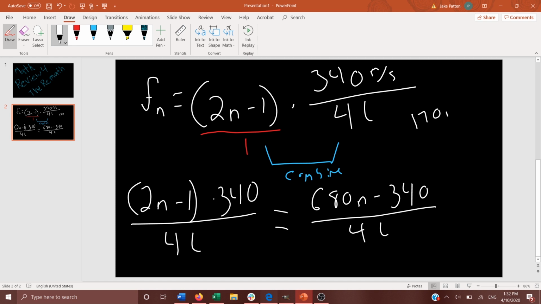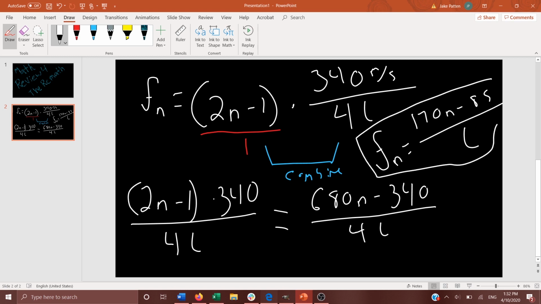So we'll have 170n minus 340 divided by 4 is 85. 170n minus 85 over L. Remember, I've been not writing this, but this equals Fn. Okay, I'm going to erase some things so I have some more room to work, but this is what we're going to keep for now.